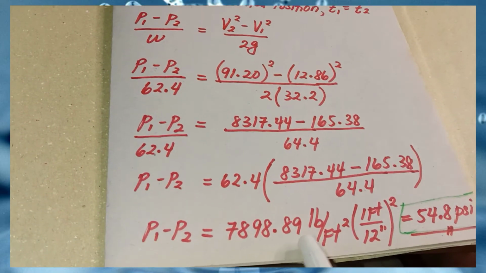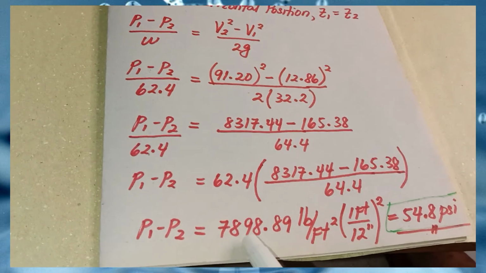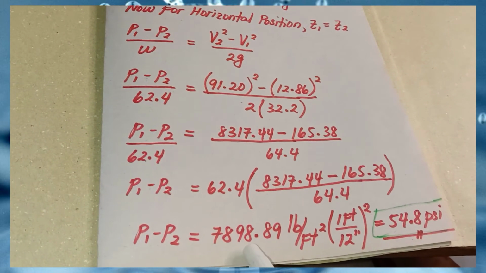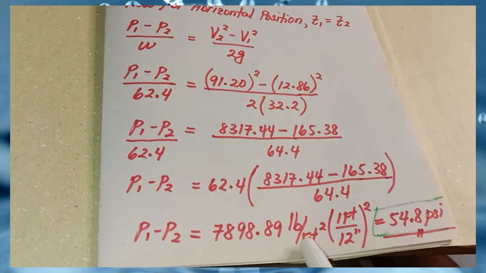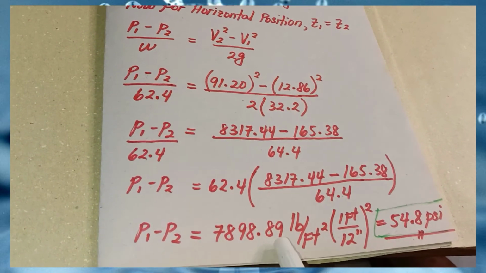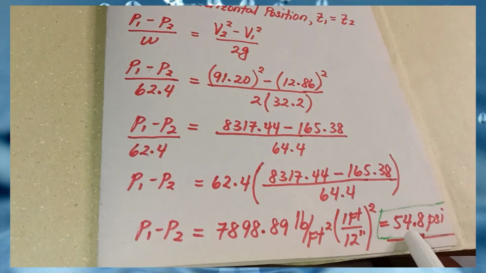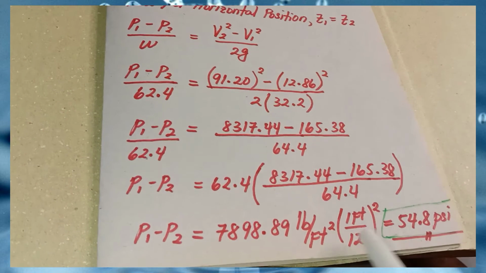So to calculate further, P1 minus P2 is equal to 7,898.89 pounds per square foot static pressure, or is equal to 54.8 psi.